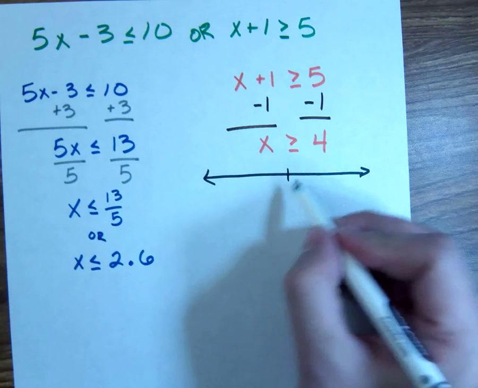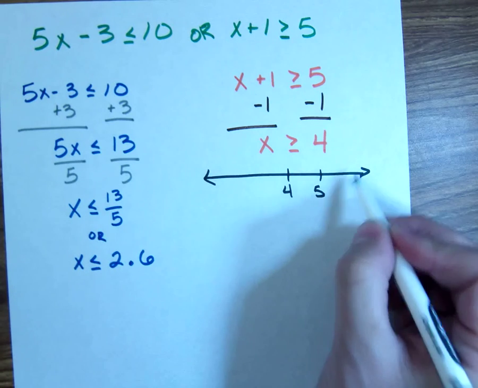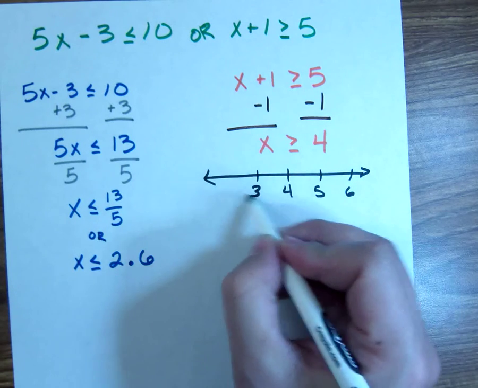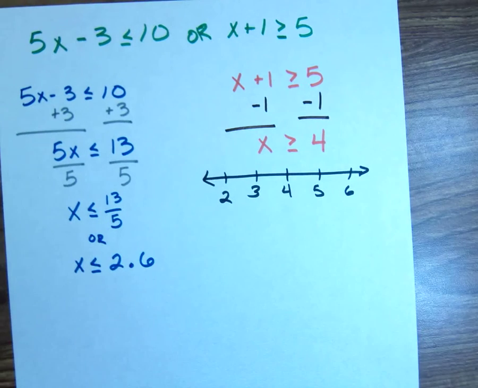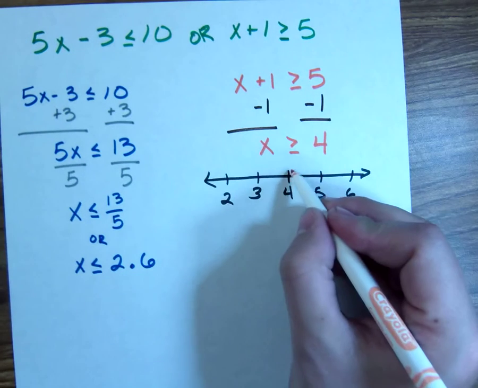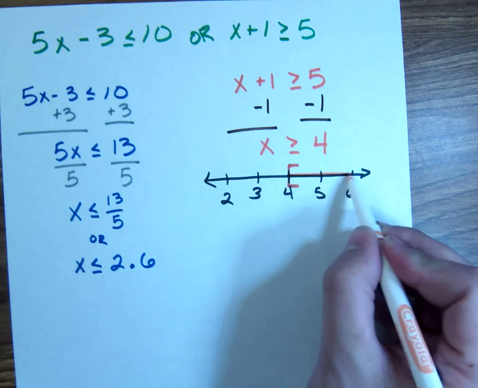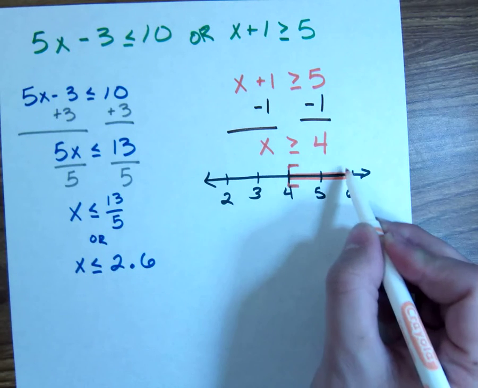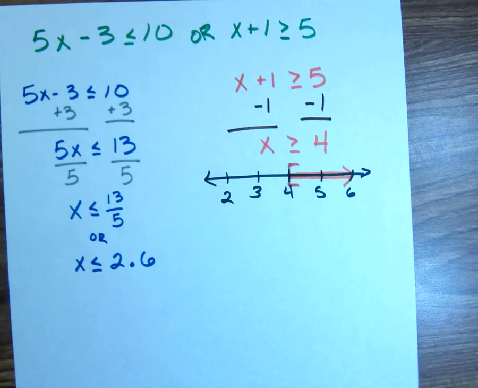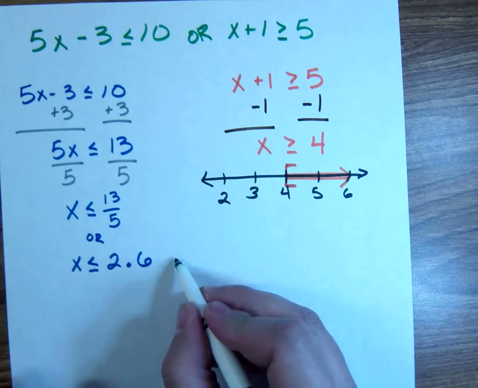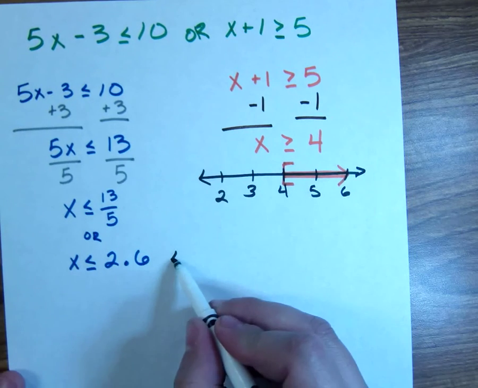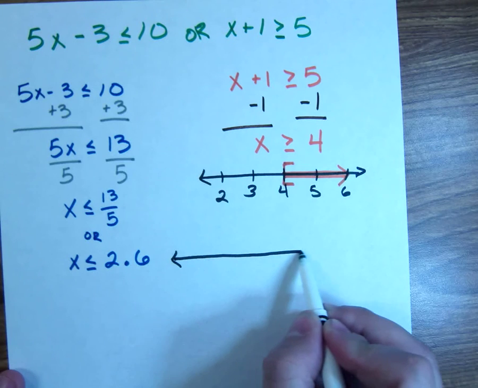So this is greater than or equal to 4. So there's our number line. It's greater than or equal to, so bracket for equal to, and greater than means it goes up.